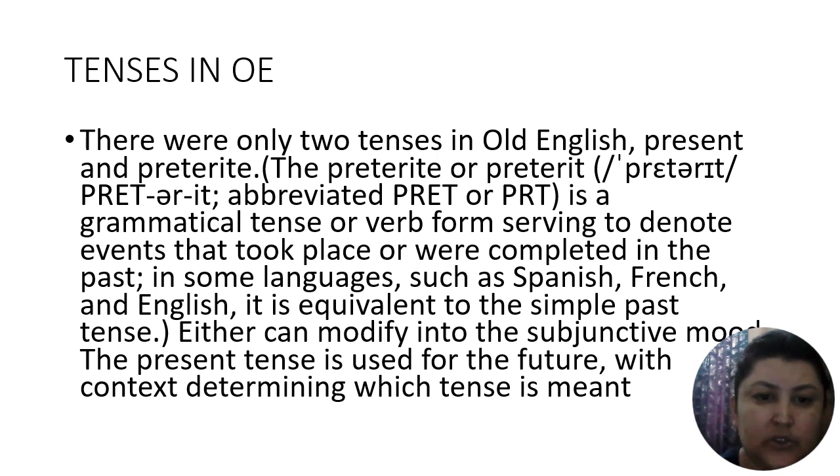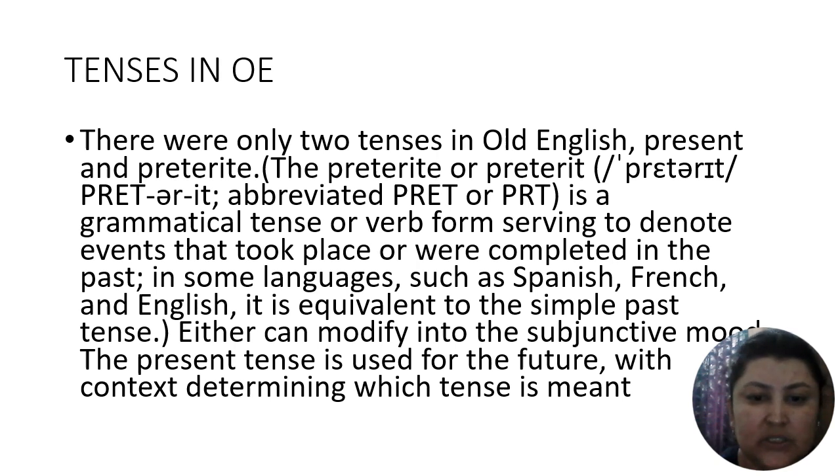Tenses in Old English. There were only two tenses in Old English, present and preterite. The preterite, abbreviated PRET or PRT, is a grammatical tense or verb form serving to denote events that took place or were completed in the past.